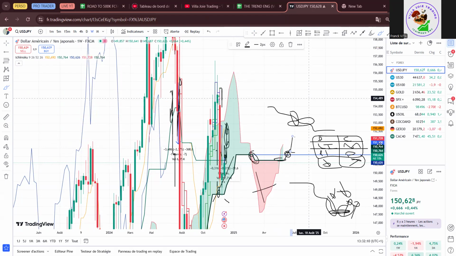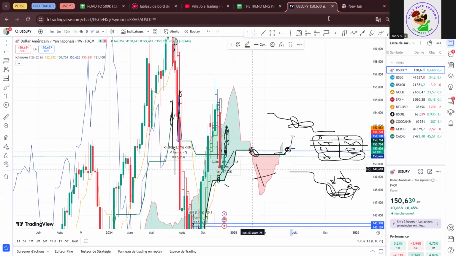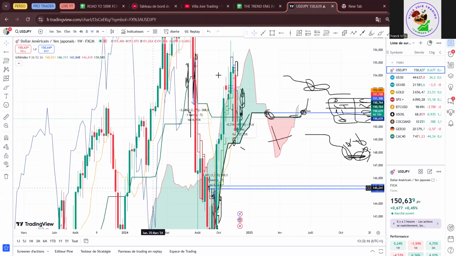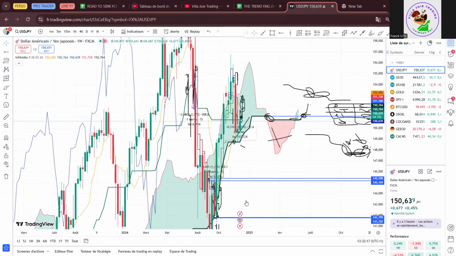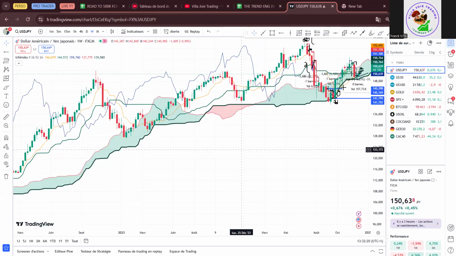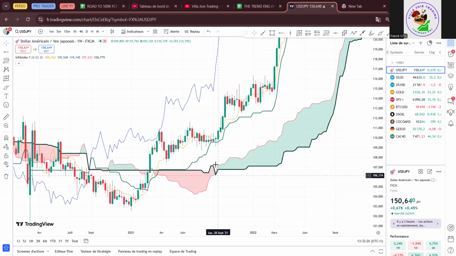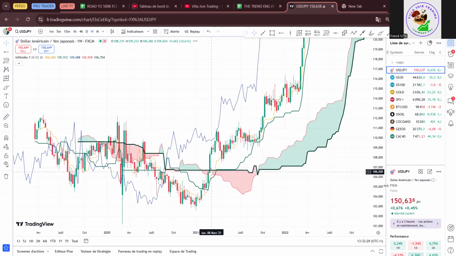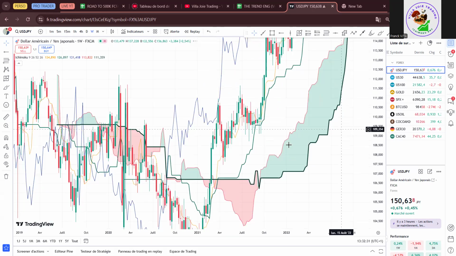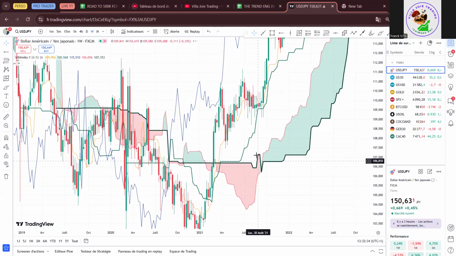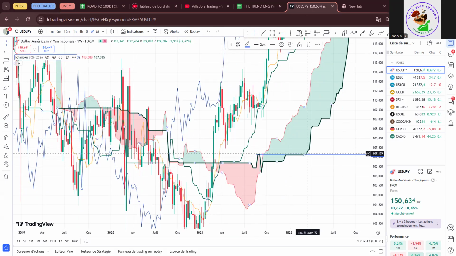So you can also do it for past charts. You can go to the past like this. Things that happened already, like when you had a change in trend here, for example. You can do it for this one. So when we broke this one, this plateau, yes, this point is a change in trend.